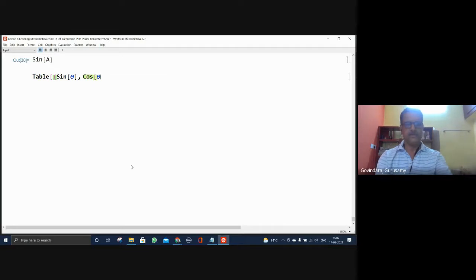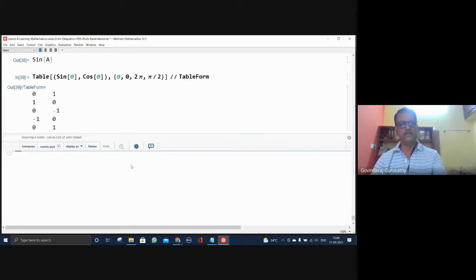I wanted to have theta starting from 0 to 2 pi in steps of, let's say, pi by 2. Okay, pi by 2. And put it in a table form.